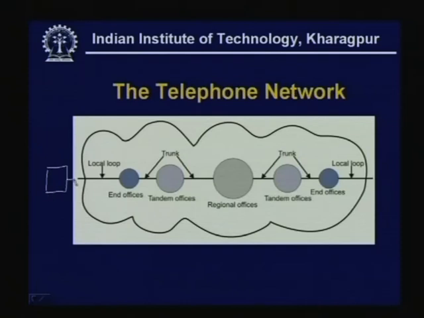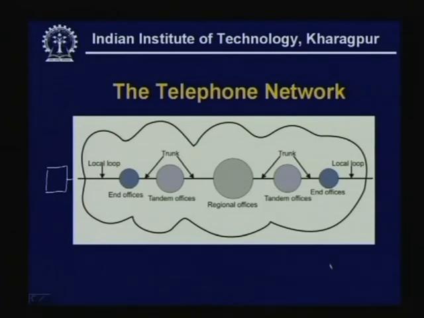Here you have the end stations connected through the local loop to the end offices, and the end offices are connected to the tandem offices through trunk lines. These are the lines where we shall use the FDM or TDM techniques, and then the tandem offices are connected to regional offices. So, we see there is some kind of hierarchy.